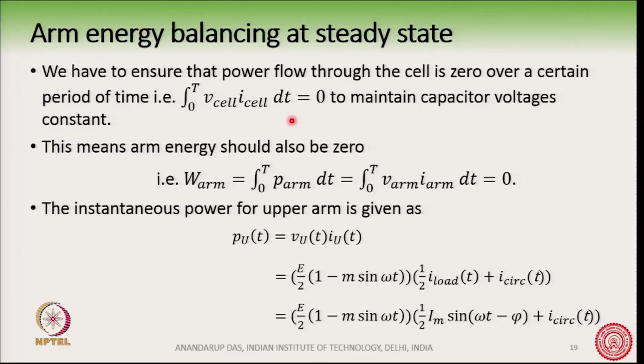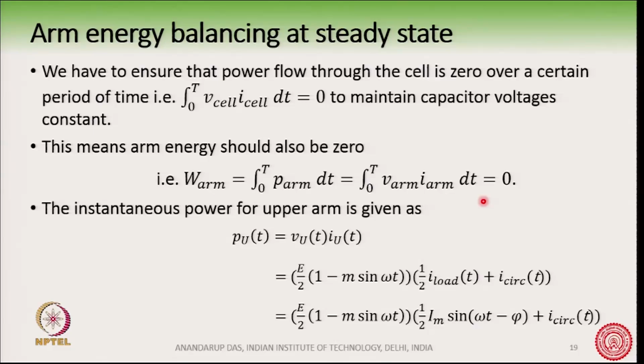So, this means that if we extrapolate in this way for the arm, a similar conclusion can be drawn, like integral of V arm I arm dt is 0 over this time period t. Okay. And if we can ensure this, then the net arm energy is 0 over a certain time period, and then the arms can maintain the same voltage. Okay.